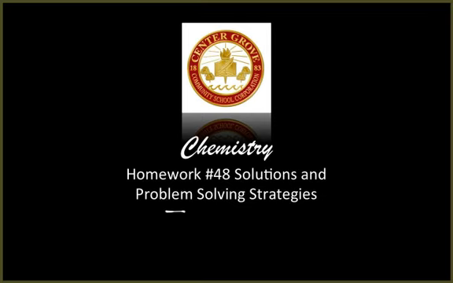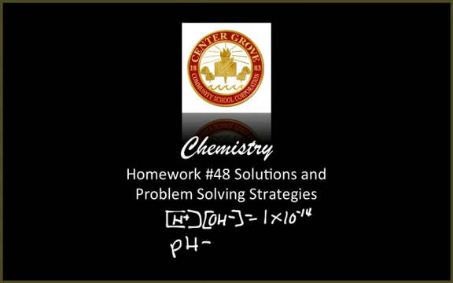If we remember, the first formula we went over was that H plus times OH minus equals 1 times 10 to the negative 14th. That's one way we can figure out some of these problems. pH equals negative log of your H plus concentration.